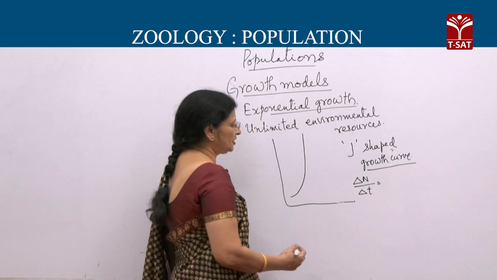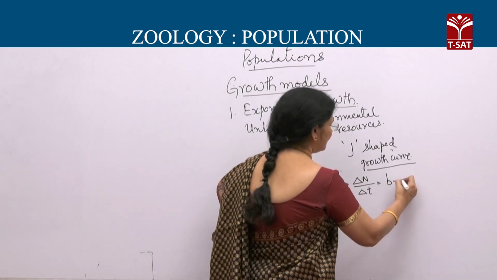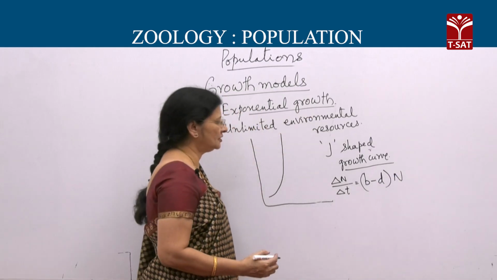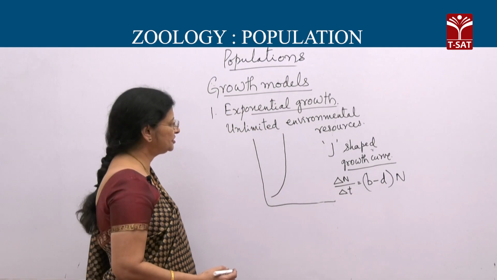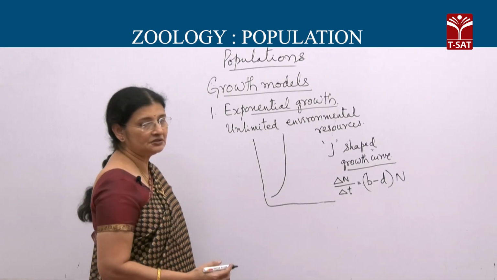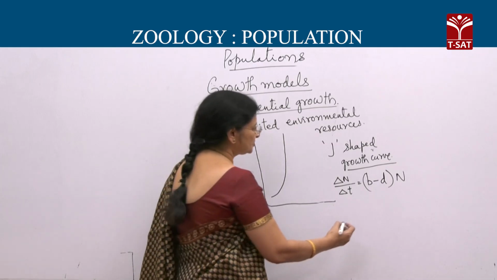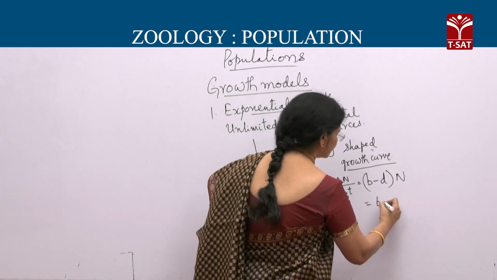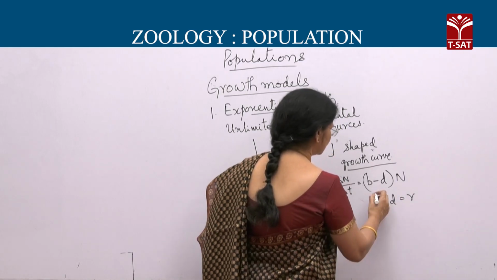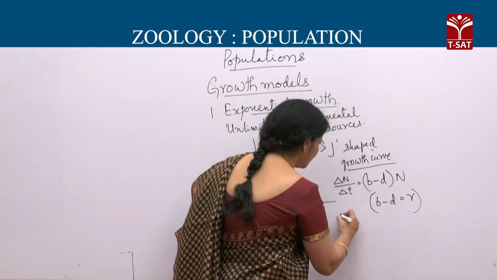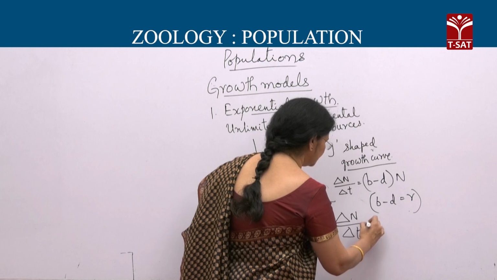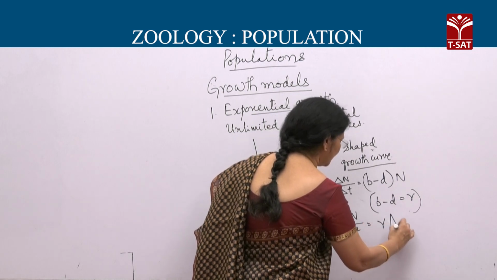Delta N by delta t is equal to (b minus d) into N. N is again population size, t is time, b is birth rate, d is death rate. b minus d is equal to r. So we can write this equation as delta N by delta t is equal to rN.